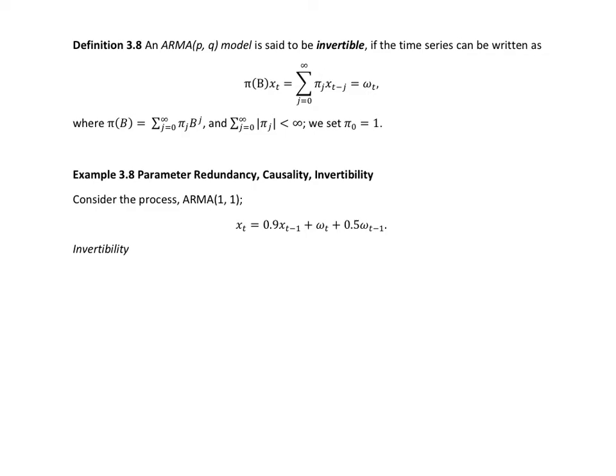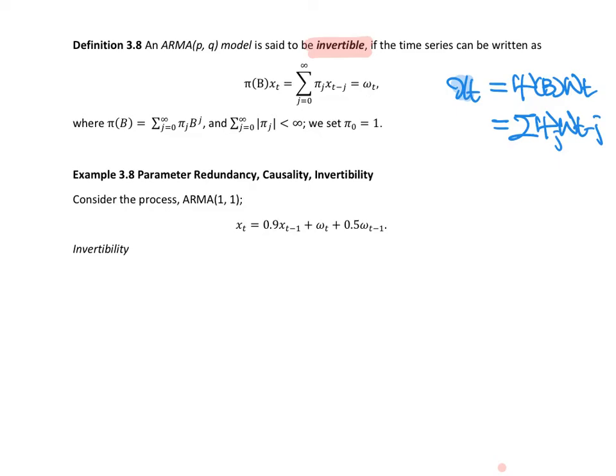Now we discussed the invertible. I want to compare it to the causal. In the case of the causal, Xt is big phi B times Wt. It was the infinite summation of the white noise.